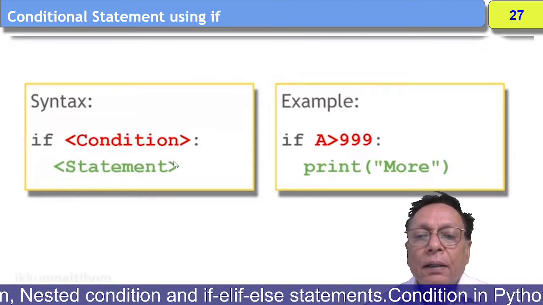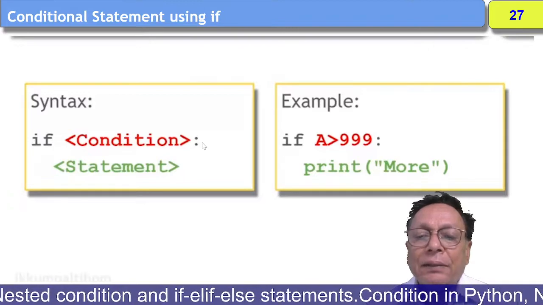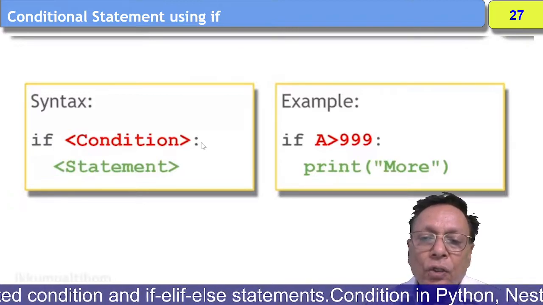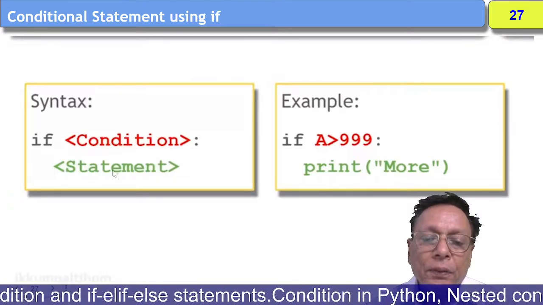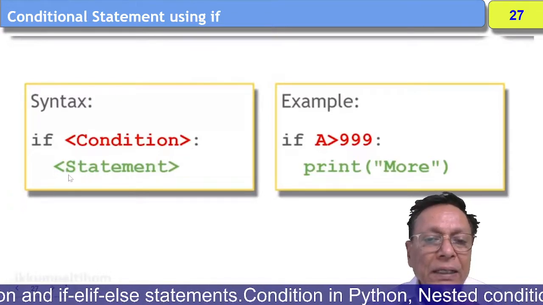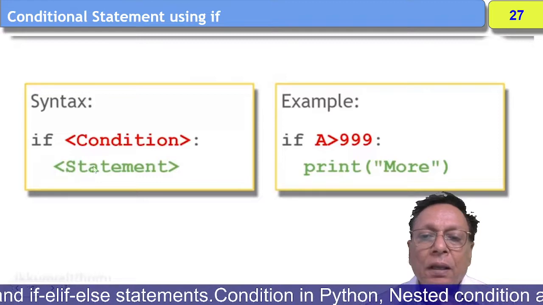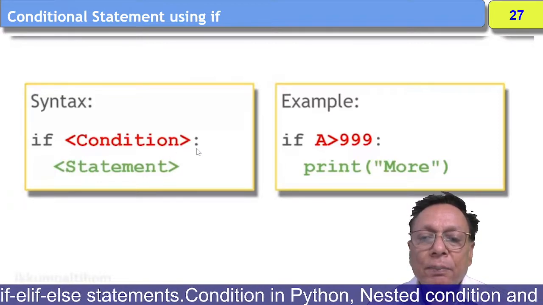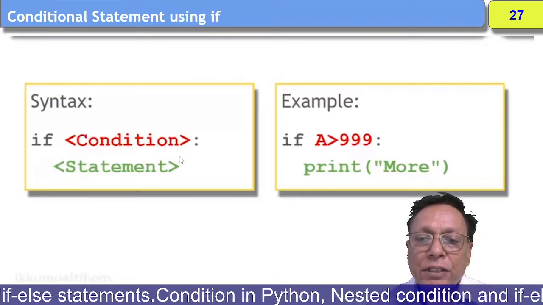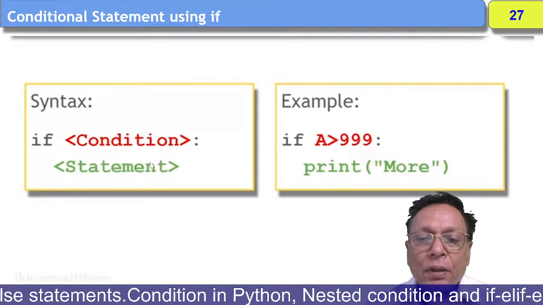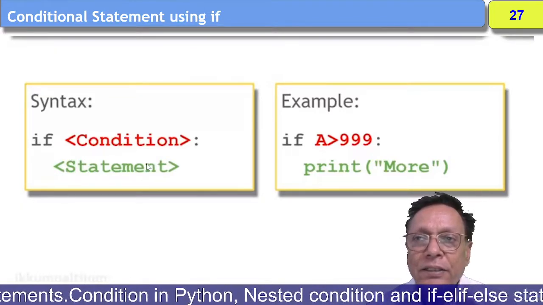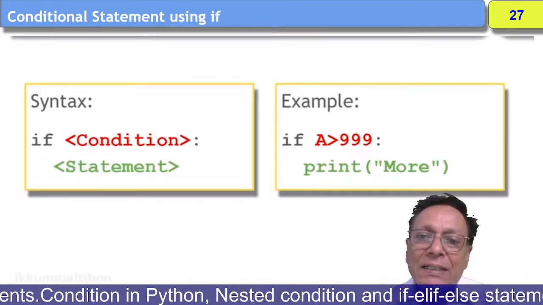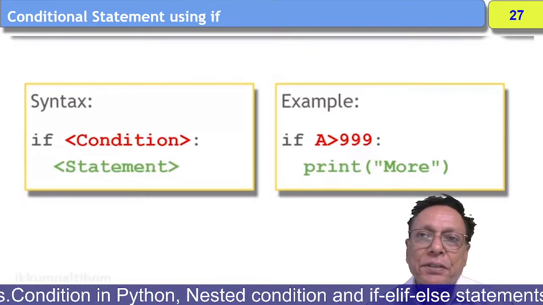As soon as you press enter, the cursor automatically comes to a proper column, which makes the indentation possible, because the statements to be executed under this condition will occupy some indent, and these statements should be inside the scope of the condition.